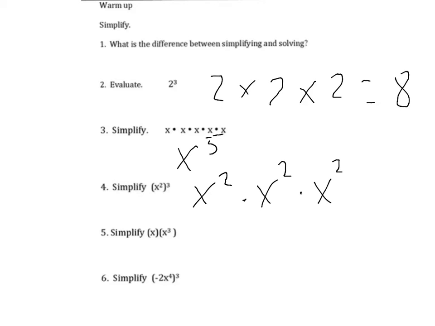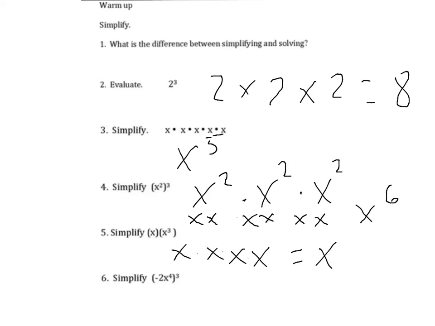With 2 x's in each one, that's actually x to the 6th. Then x times x to the third, 3 x's being multiplied, is x to the 4th.